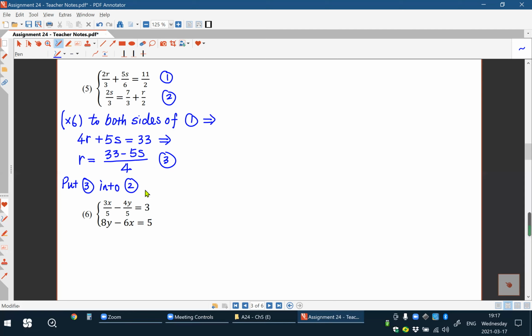So let's put 3 into 2. And this will give you 2S over 3 equals 7 over 3 plus 1/2 times R. R is 33 minus 5S over 4, right?